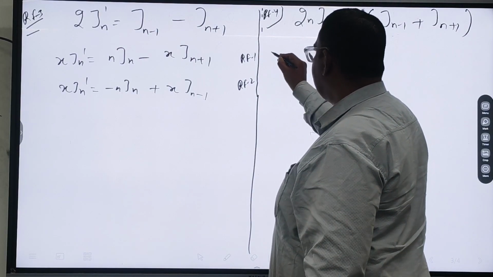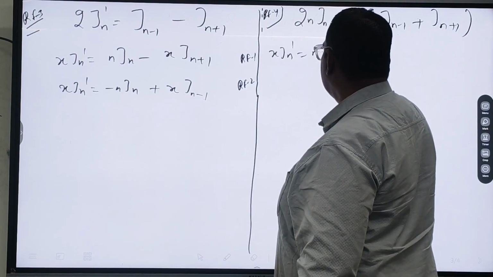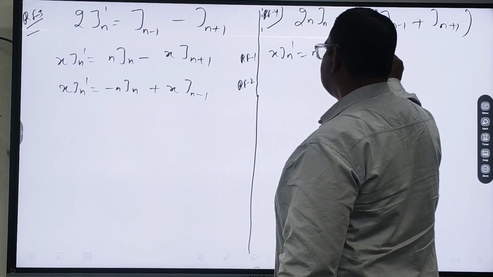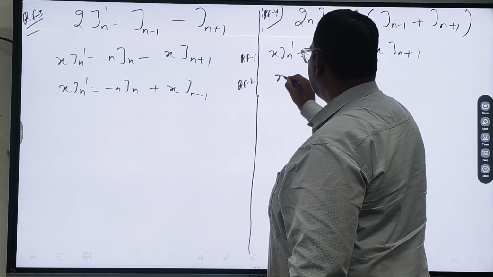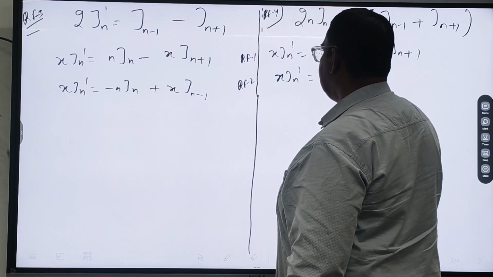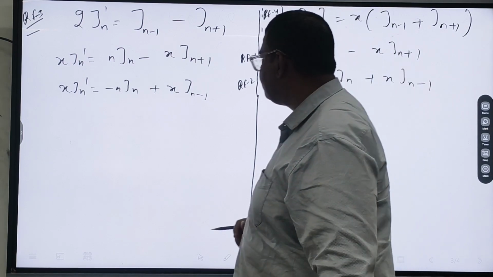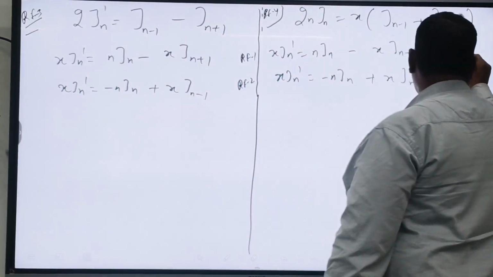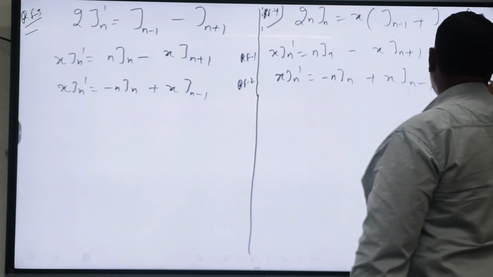I will write here again: x J_n' = n J_n - x J_{n+1} and x J_n' = -n J_n + x J_{n-1}. This was RF1 and RF2.